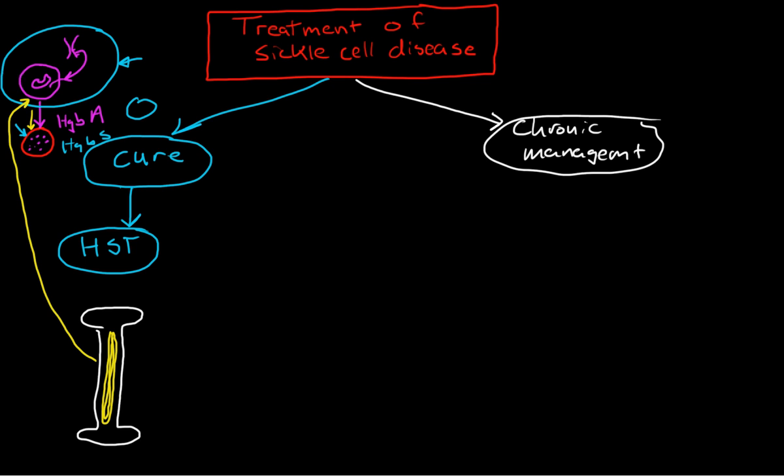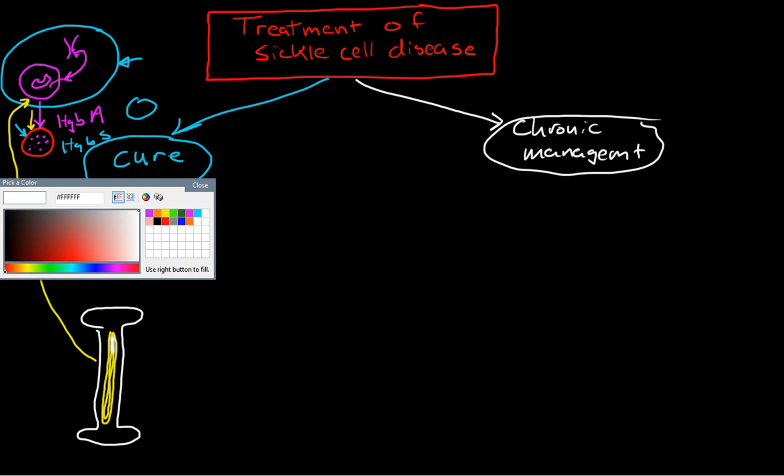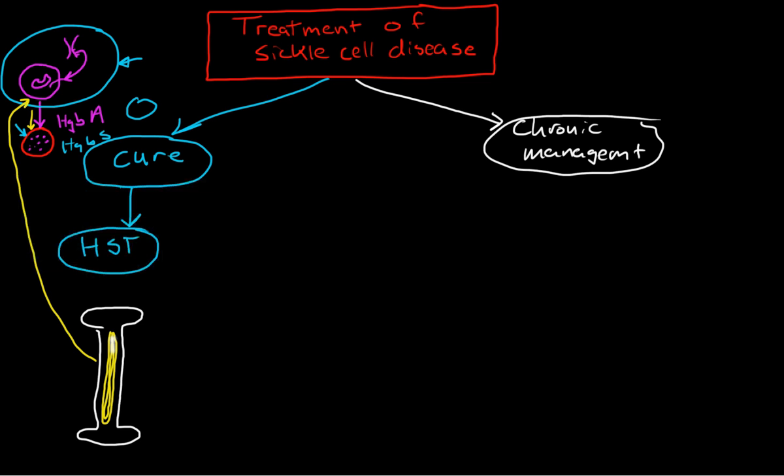So what happens in hematopoietic stem cell transplant is we give the patient a medication, chemotherapy, that ablates their marrow.